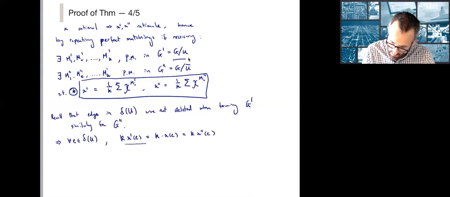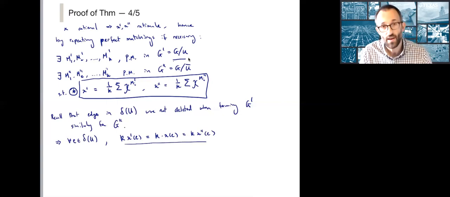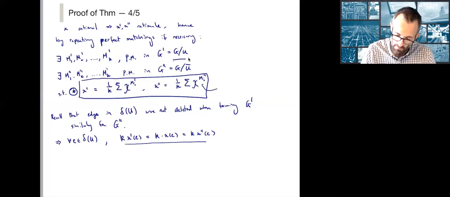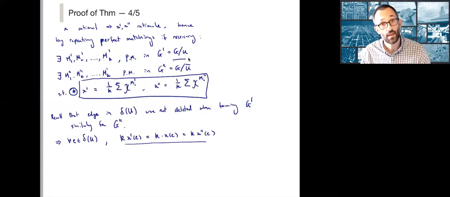Looking at the equations in star, what is K times X dash of E? It is just counting the number of perfect matchings Mi dash that have E in them. And similarly, K times X double dash of E is just counting the number of matchings Mi double dash that contain that edge that we didn't delete.